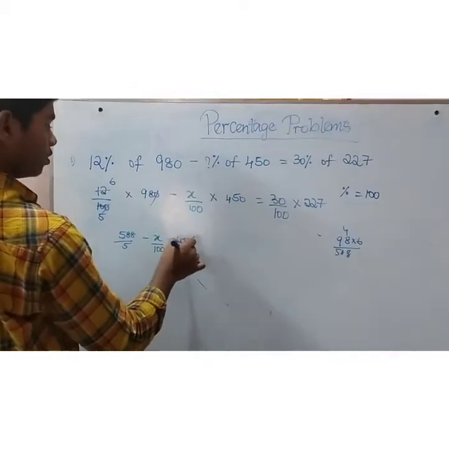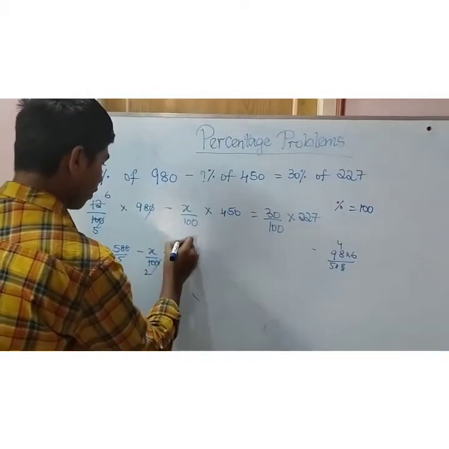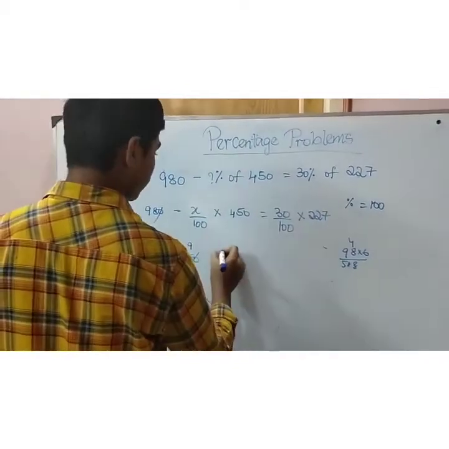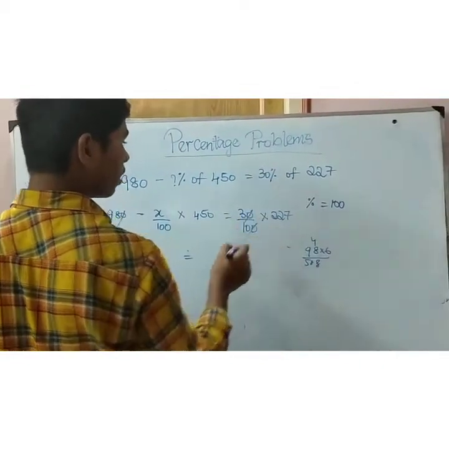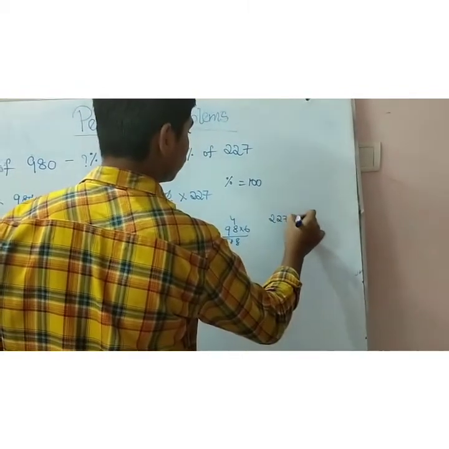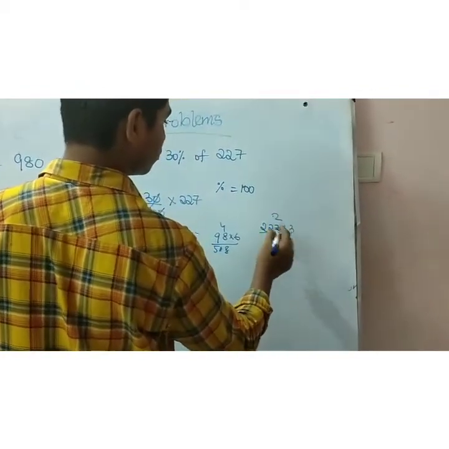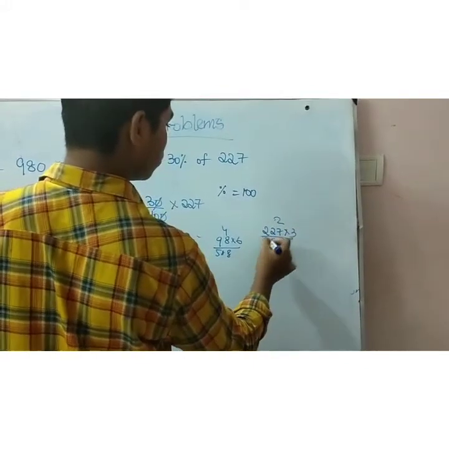Now 0 will cancel. 5 2s, 5 9s is 0 cancel. 3 into 227, 3 7s 21, 3 2 6, 8, 3 2 6.